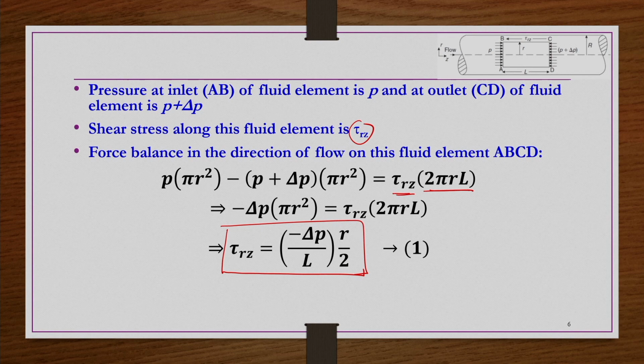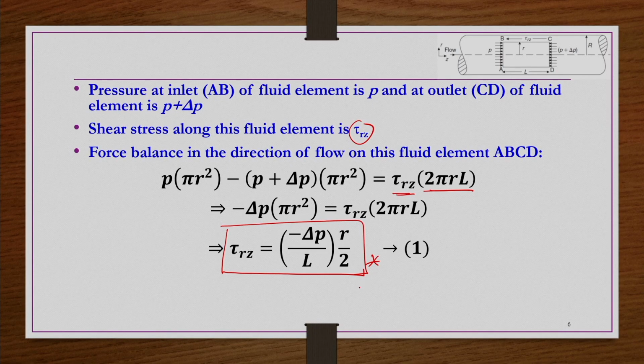When you reach the wall of the capillary, the shear stress is maximum because r is equal to capital R, the maximum value in the radial direction. That maximum value of shear stress is known as the wall shear stress.